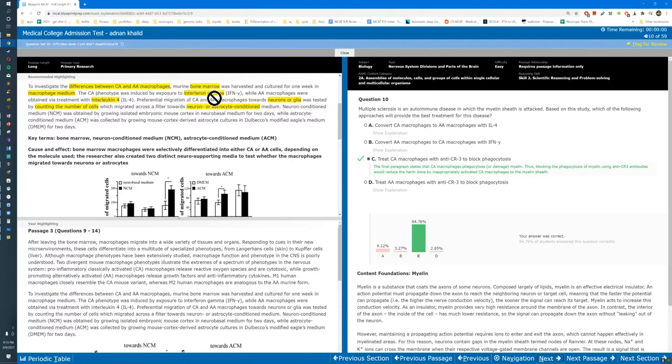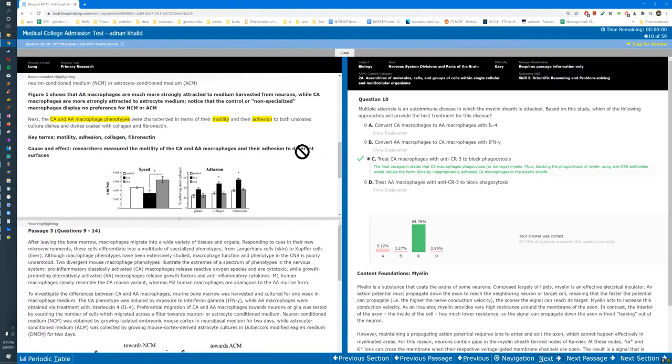CA seems to be induced by exposure to this type of immune system factor, I think, while AA ones were induced through some other thing involved in the immune system.